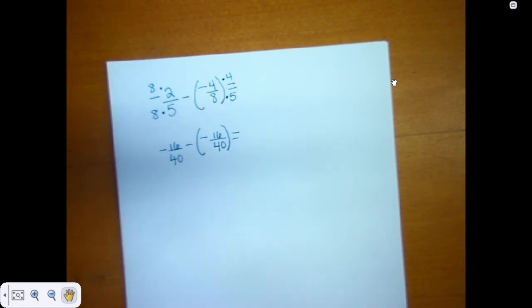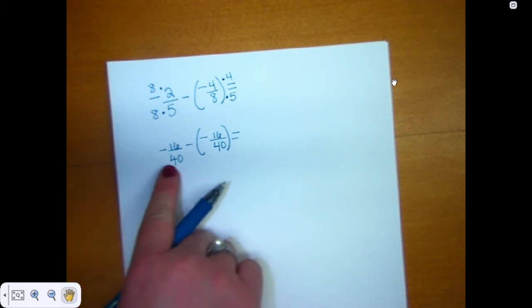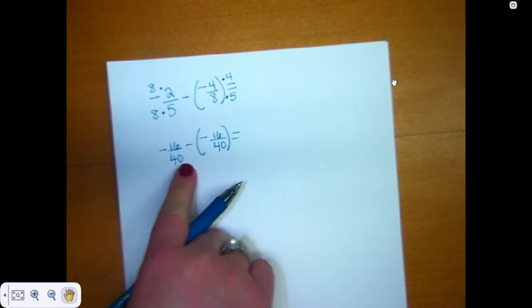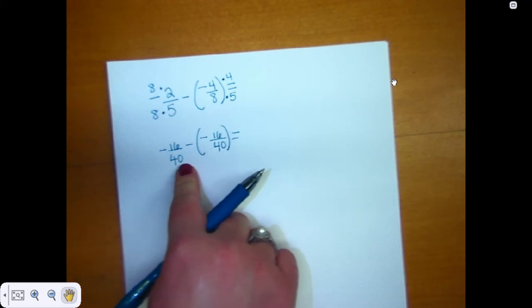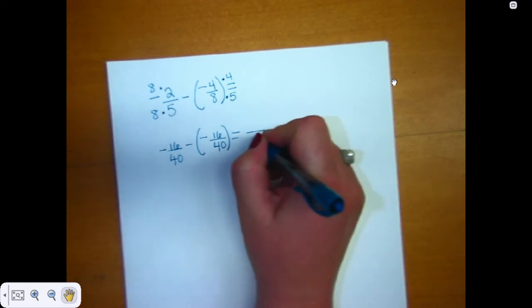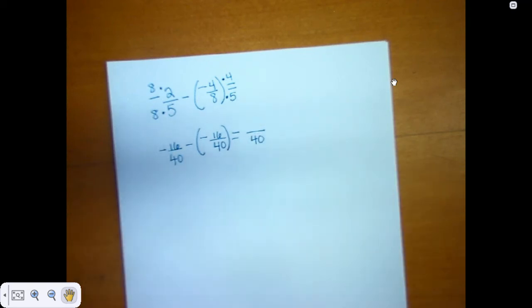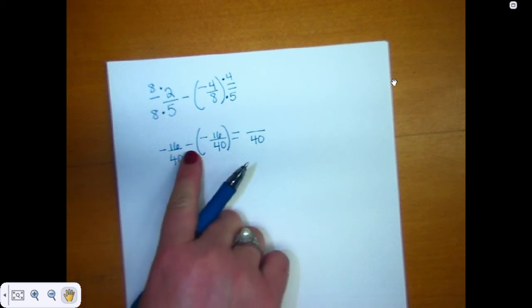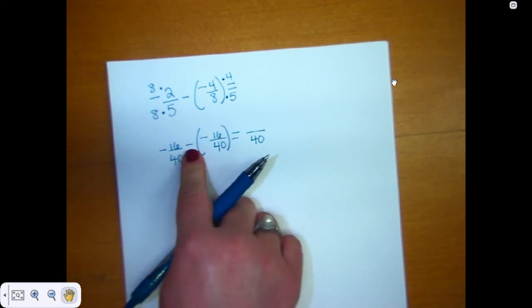Now I can follow my steps. Are my denominators the same? Yes, they are. So red rover, send 40 right over. So we're going to bring that 40 over. My second step is it addition? It is not addition. So I have to change this to make it addition.